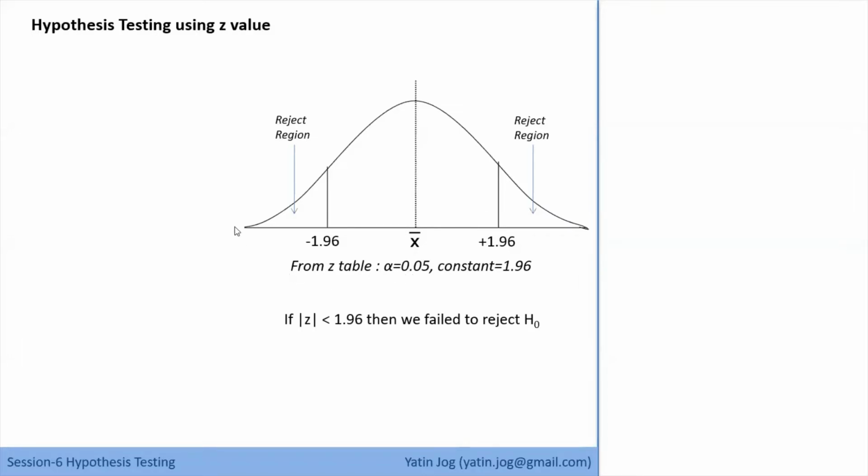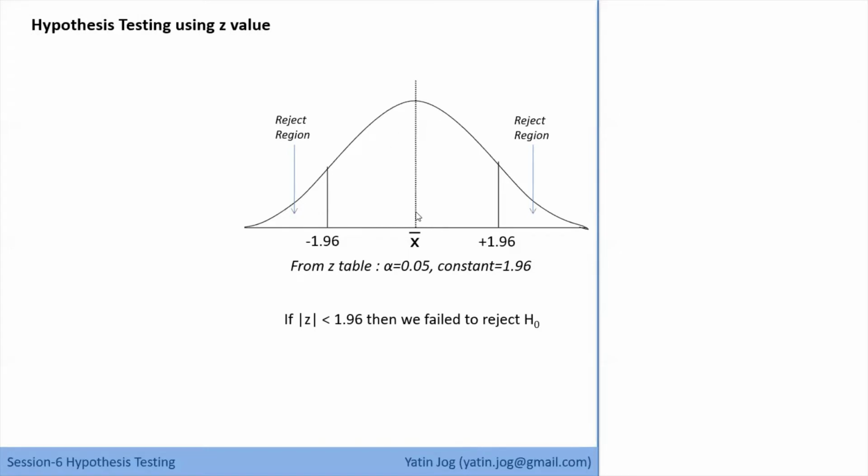Suppose we are solving a problem at 95% confidence, and I have told you how to calculate the confidence level constant from the Z table. For the 95% confidence level, the constant comes to 1.96, as we discussed yesterday with the example.